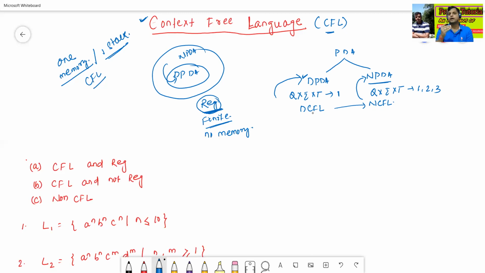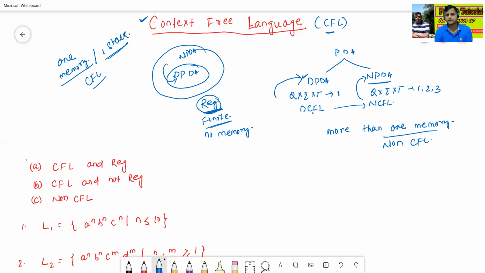If more than one memory is required, this language is called non-CFL, a non-context-free language, meaning this language is not a context-free language.